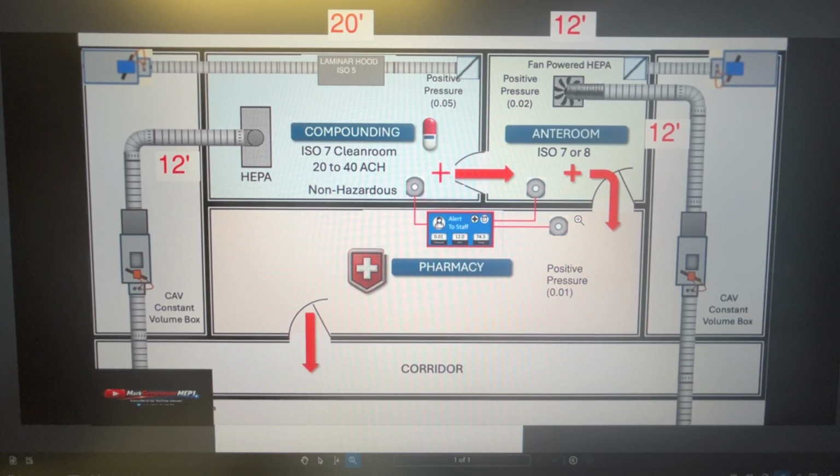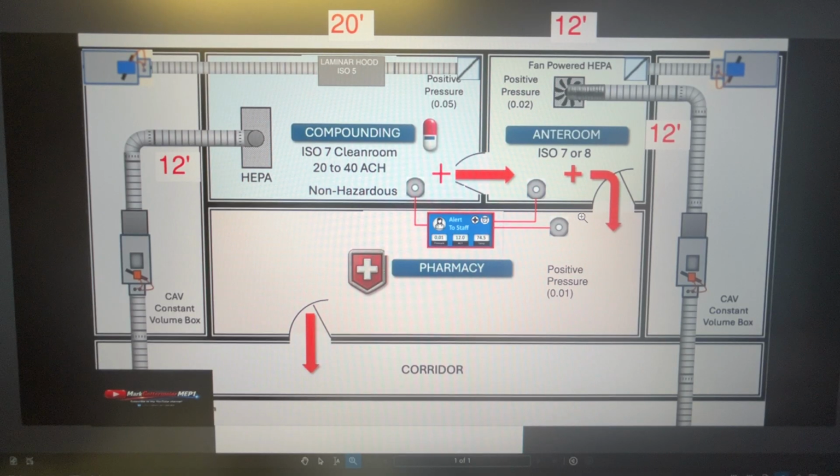So in order to build this system, there are a couple of standards that have to be followed in how it's created. One would be the ISO 7, which is the International Standardization Organization, which classifies the particulate count and classification for each of the rooms.